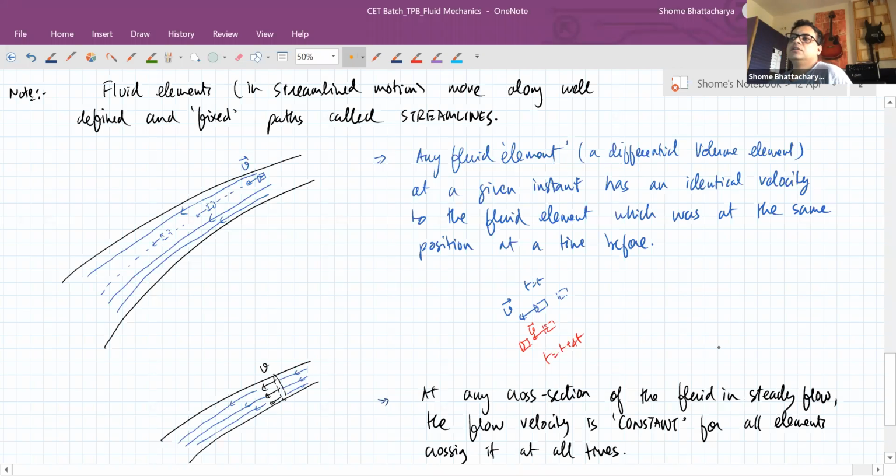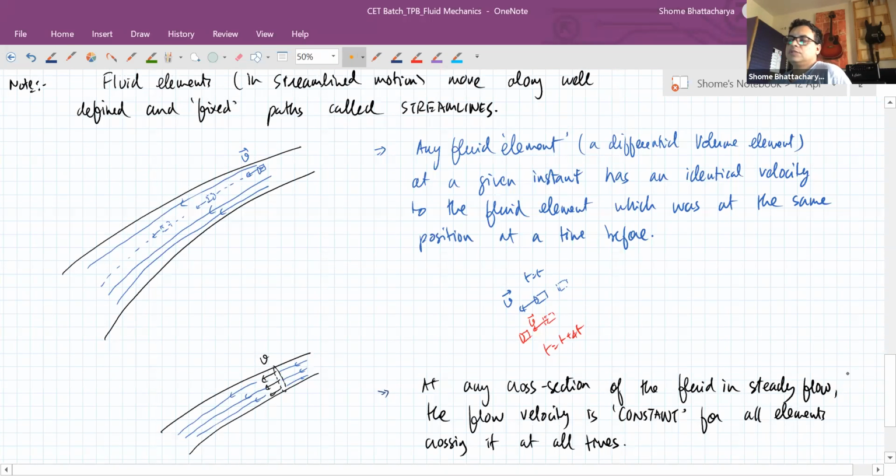So this is the meaning of saying that, as a consequence of this, fluid elements move in such a way that they are following each other along well-defined paths. It's a sort of ordered motion where a fluid element cannot undergo a zigzag path and cannot undergo rotation while going along that path. It has to go along a very well-defined linear, predictable kind of path where it is just following the fluid element in front of it exactly in the same way as that one is moving.